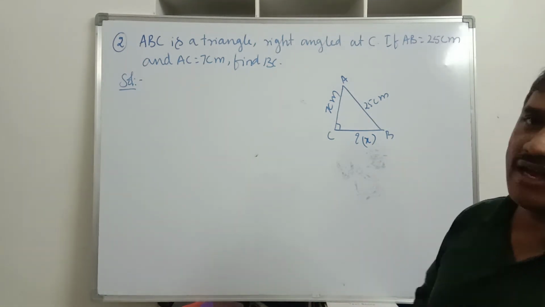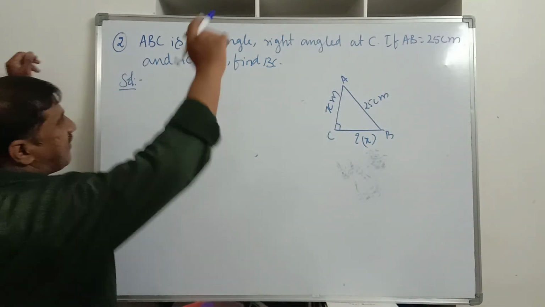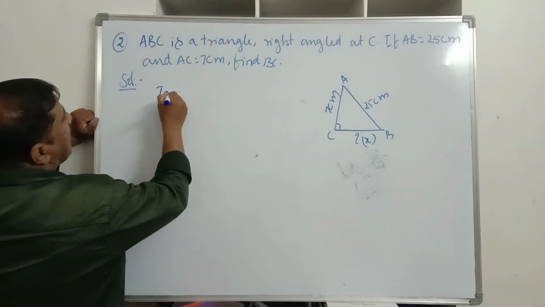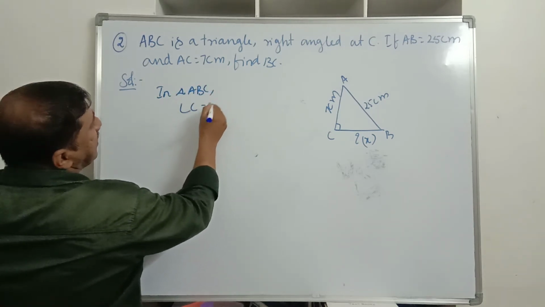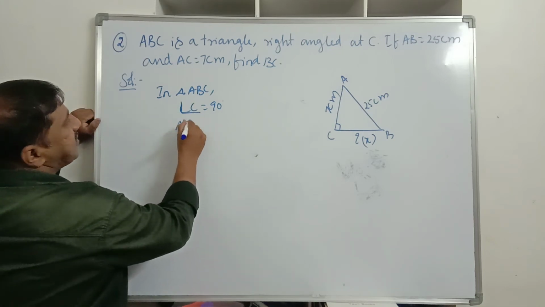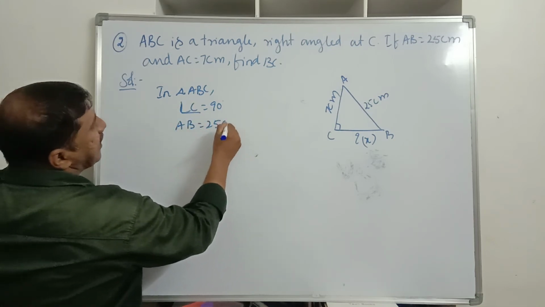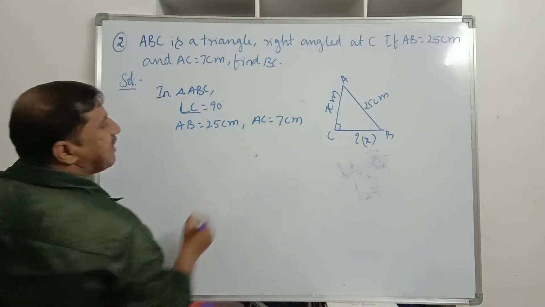X we have to find by using the Pythagoras property. How do we find it here? In triangle ABC, angle C is equal to 90 degrees, AB is equal to 25 centimeters, and AC is equal to 7 centimeters.